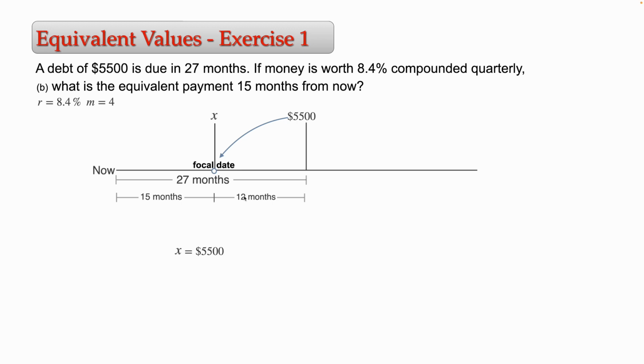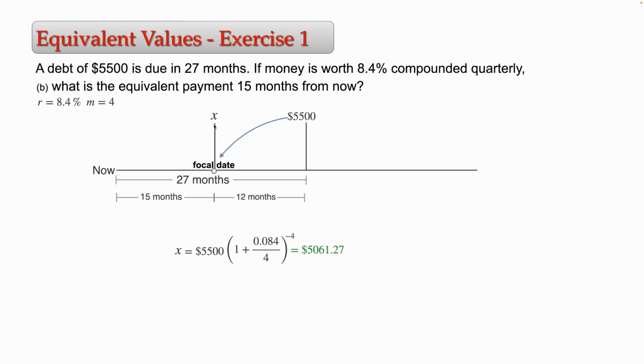Then 1 plus i, because now I'm moving backward in time, I will be using the formula of present value, or better, I will be using a negative exponent. So it will be open bracket 1 plus 0.084 divided by 4, but now to the power negative 4. Use your calculator again: 5,500 open bracket 1 plus 0.084 divided by 4, close bracket to the power negative 4, press enter, and you get 5,061.27.